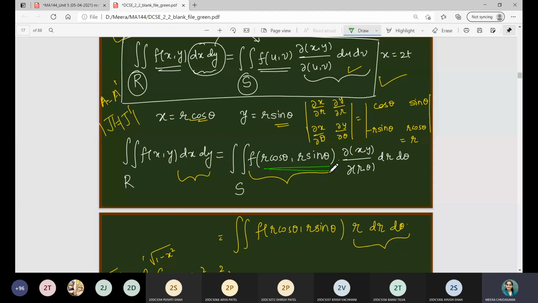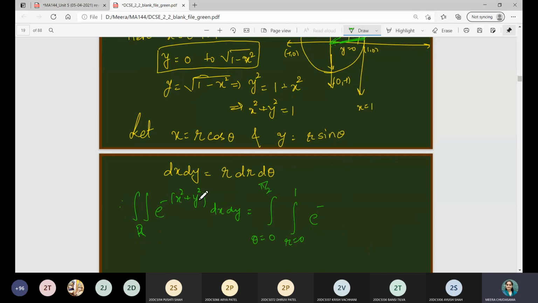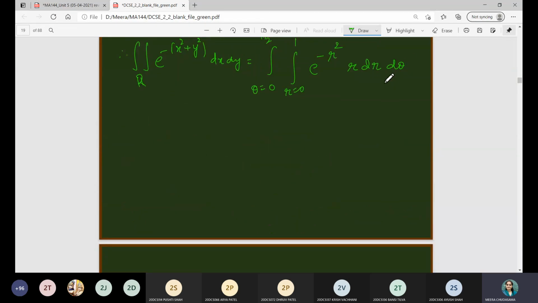So here the function is an exponential function and x square plus y square will be what? When I consider this transformation, x square will be r square cos square theta, y square will be r square sin square theta. So x square plus y square is nothing but r square. And dx dy will be r dr d theta, right? So now we have to solve this integral. So solve it and tell me what answer you will get.